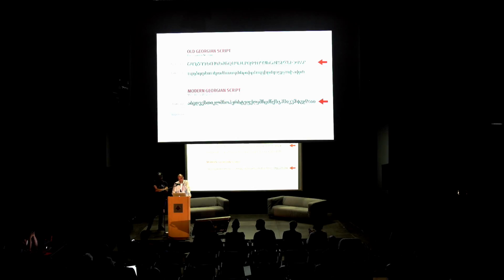But uppercase was regarded to be Asomtavruli, which is old Georgian uppercase, and modern Georgian lowercase was used as the lowercase letters. So there was no old Georgian lowercase and no modern Georgian uppercase. These two scripts, old Georgian uppercase and modern Georgian lowercase, were grouped together, and at this place are presented what you can see in this picture.